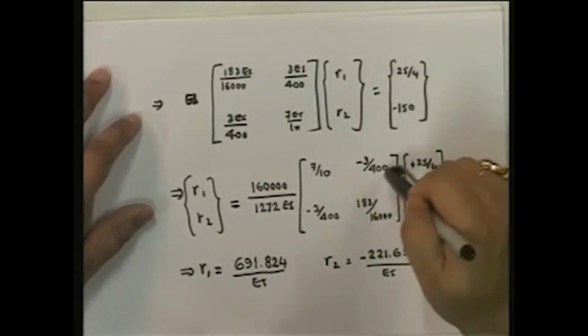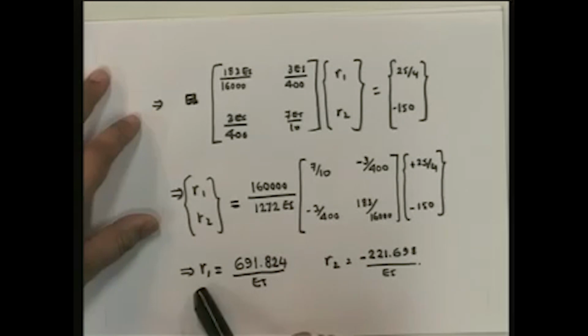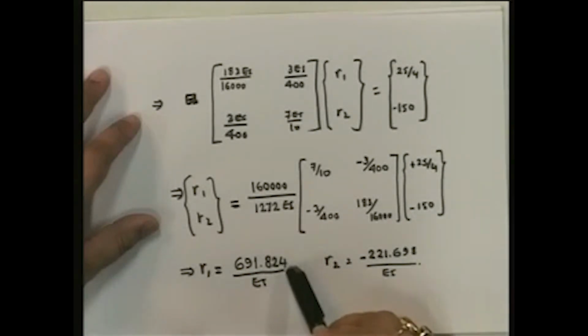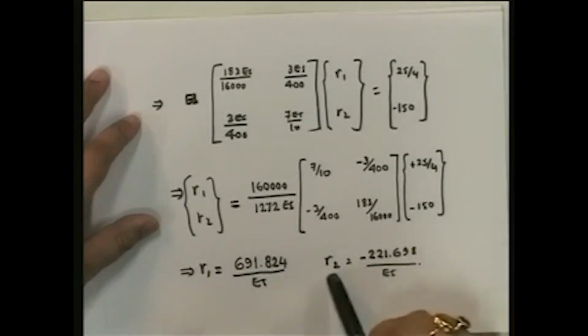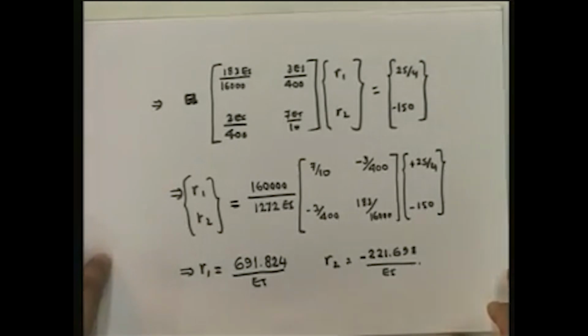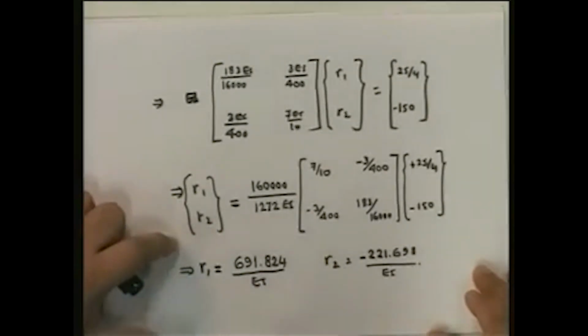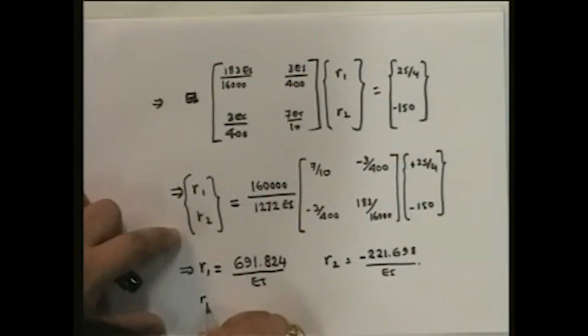Anyway, having got this and putting this in, I get R1 is equal to 691.824 upon EI, and R2 is equal to minus 221.698 upon EI. Let us compare that to the situation where you have fixed. What was the fixed case?